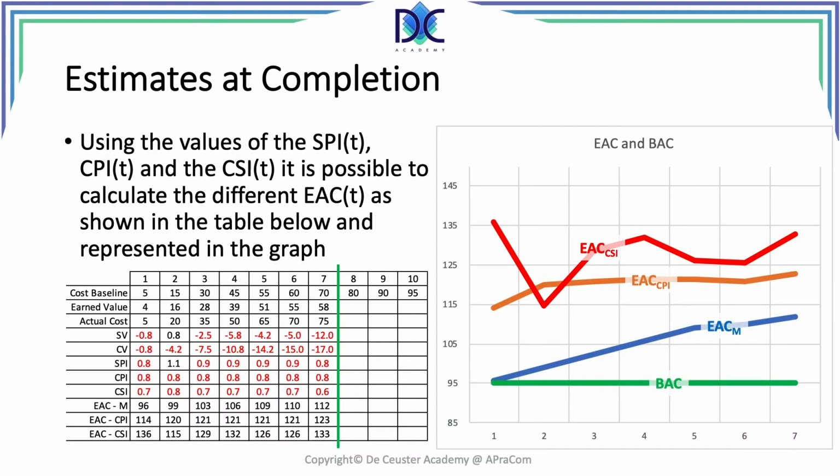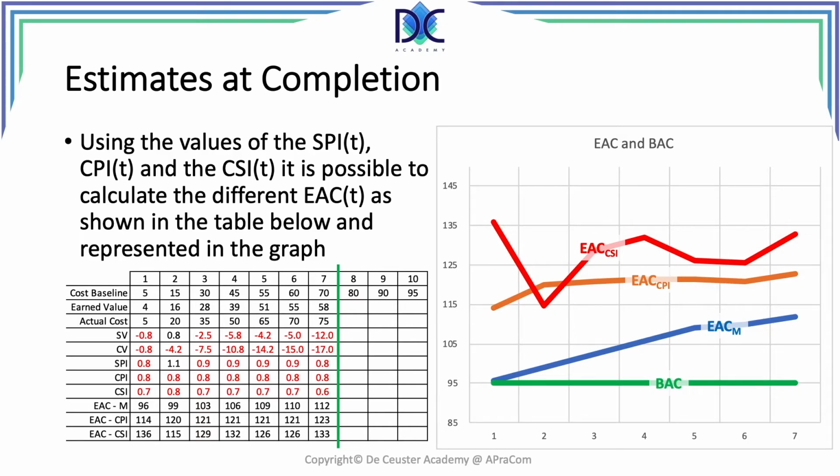When we look at the estimates at completion, we use the different formulas to calculate them. So we can find the mathematical estimate, which is shown in the blue curve. We can find the estimate with the CPI, which is in the orange curve, and we have the red curve representing the estimate at completion with the CSI.